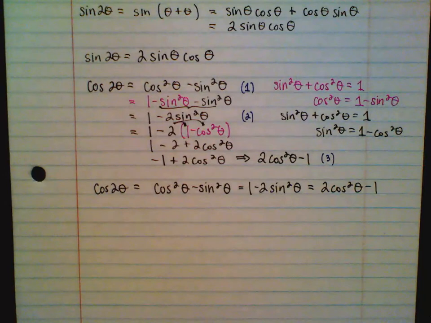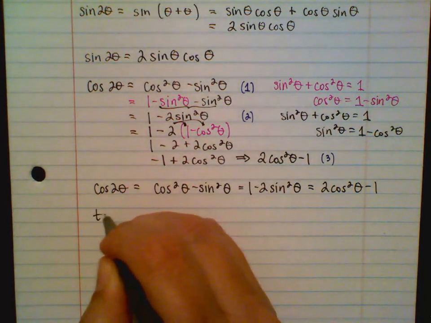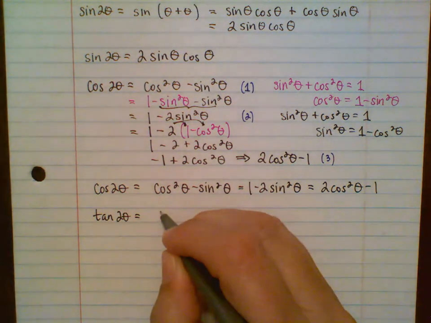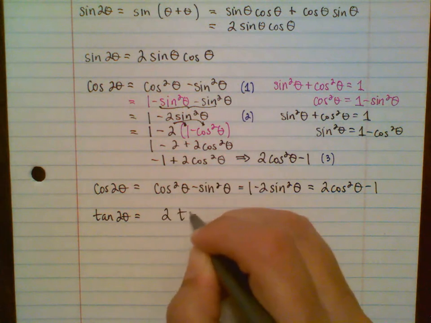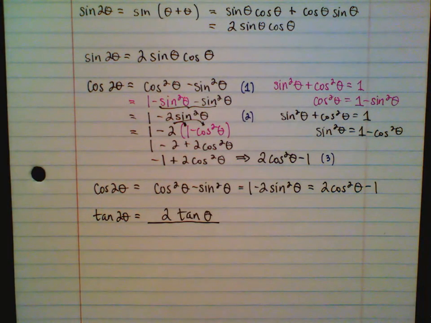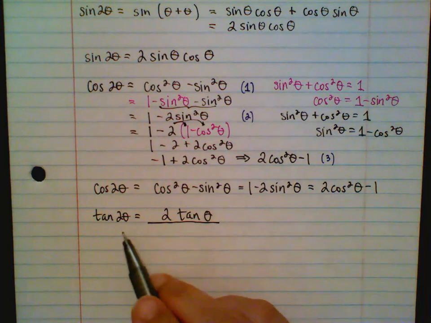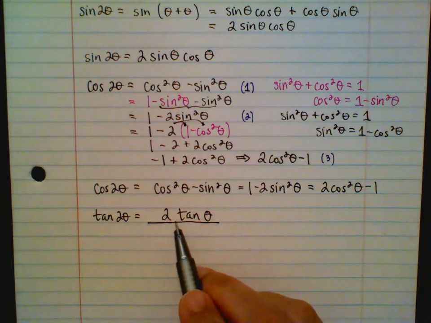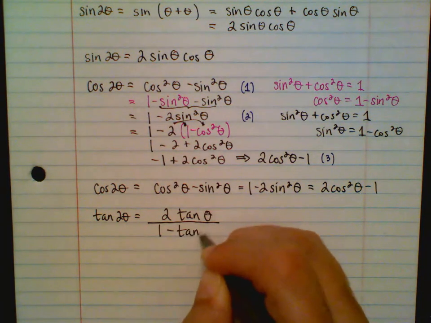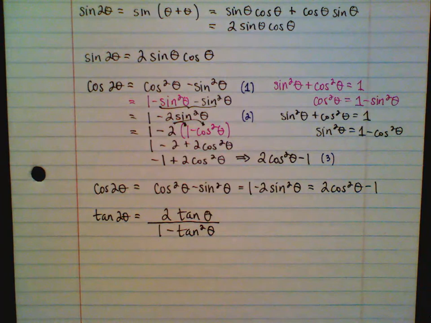And then the last one that we would look at is the tangent of 2 theta. I'm just going to give you the formula. You can see how it's derived on page 449 of the textbook. The tangent of 2 theta is 2 times the tangent of theta over 1 minus tan squared theta.